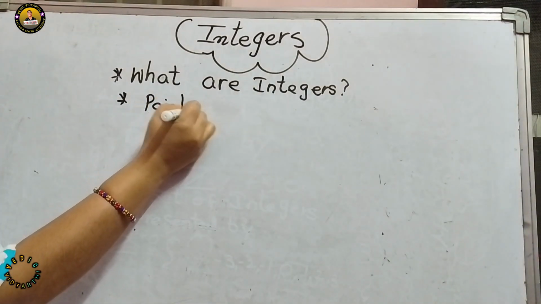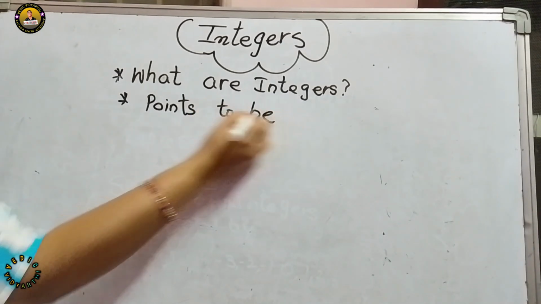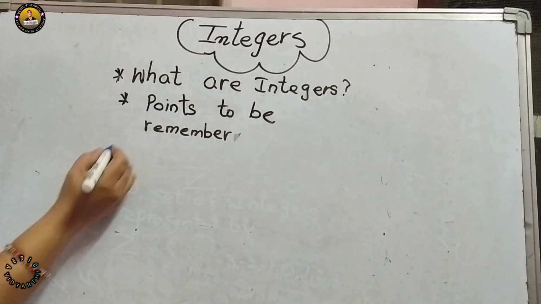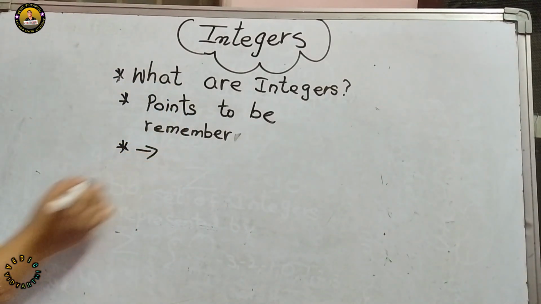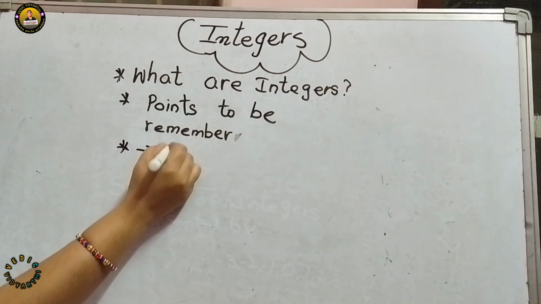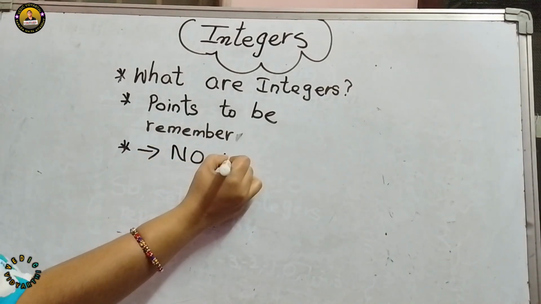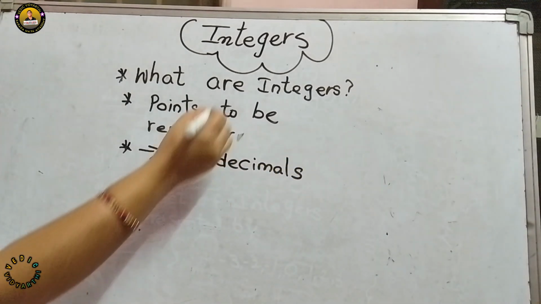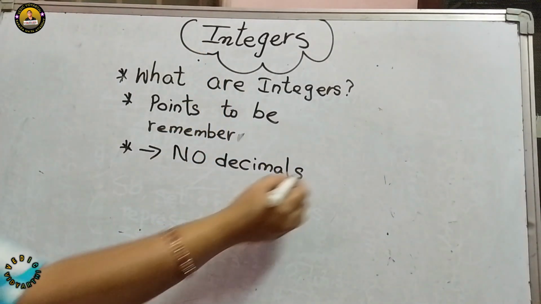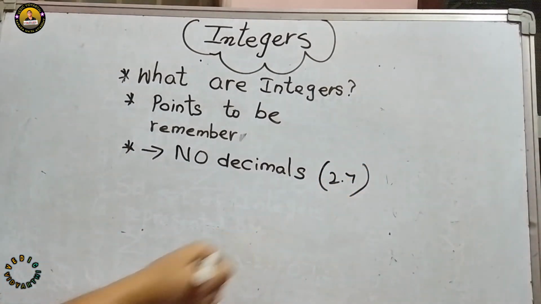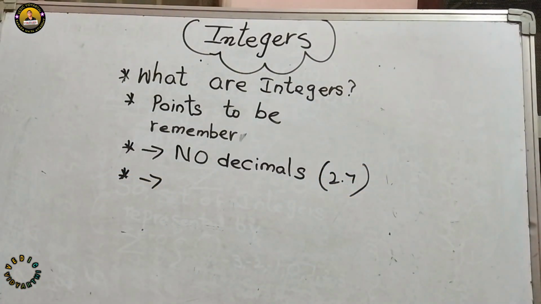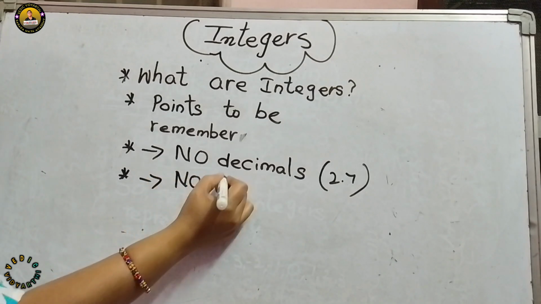Points to be remembered. When we are going with the integers, what are the points we have to remember? That integers do not go with the decimals. So there will be no decimals when we are going with the integers, like this. Integers will not handle fractions.